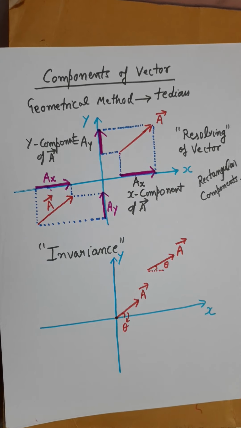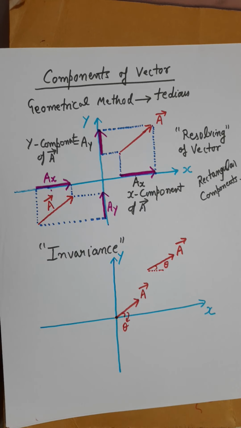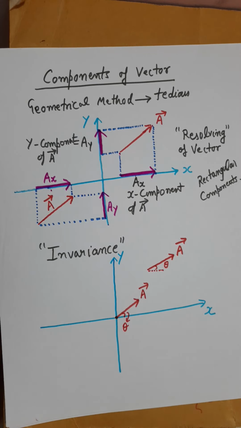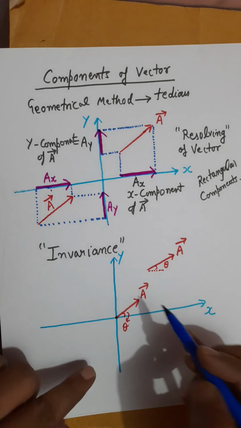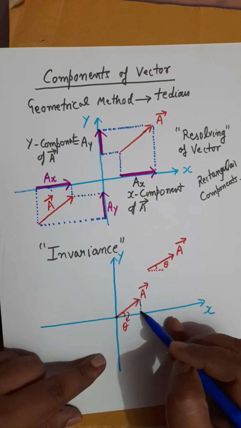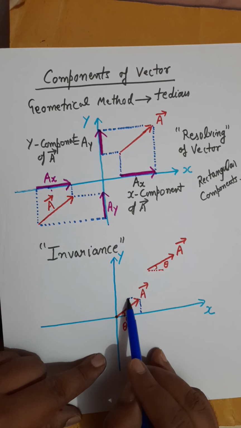We use this property. And now what was the process of resolving? The process of finding components was to drop perpendiculars from the two end points of the vector. So this is one end, I will drop a perpendicular on the x-axis and on the y-axis.